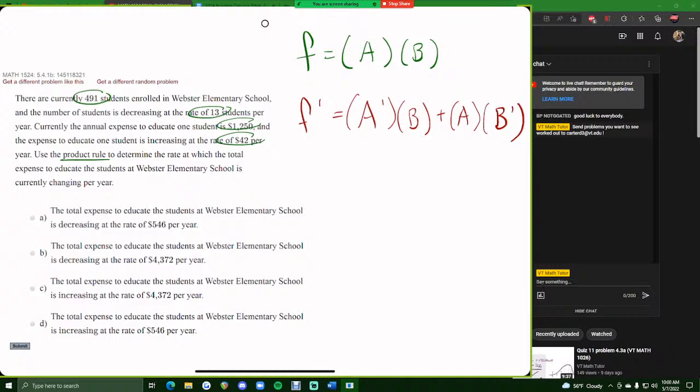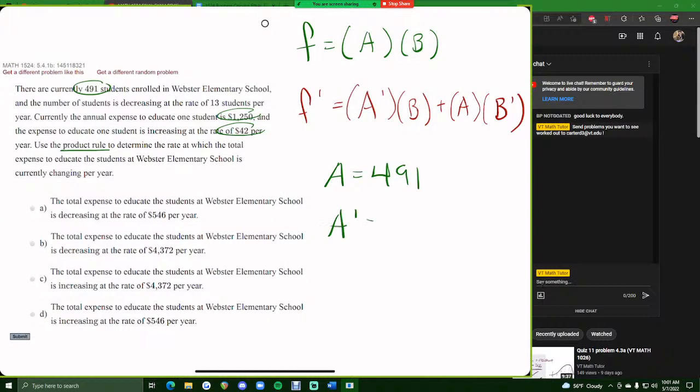The first value they give you is A. The second value they give you is describing how the value of A is changing. It's describing the rate of change of A, or A prime. Because they say it's decreasing at a rate of 13, that's negative 13. Decreasing corresponds to negative rates.